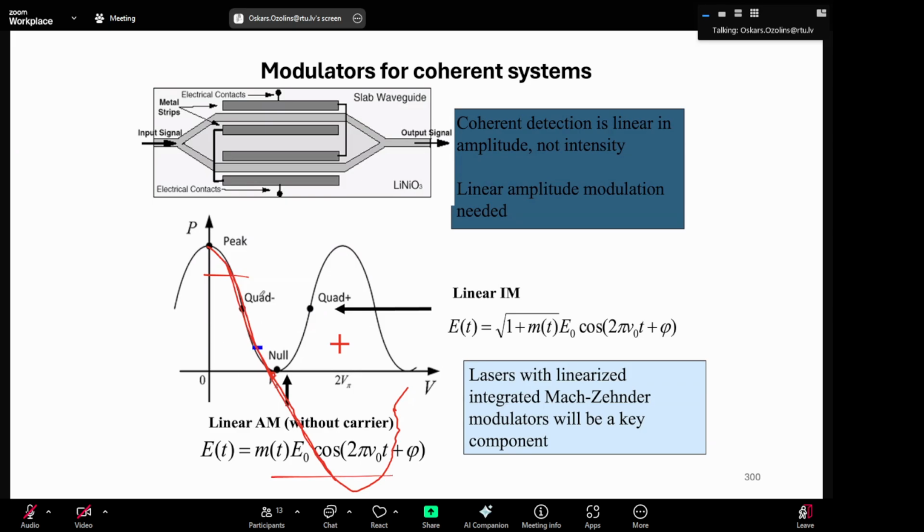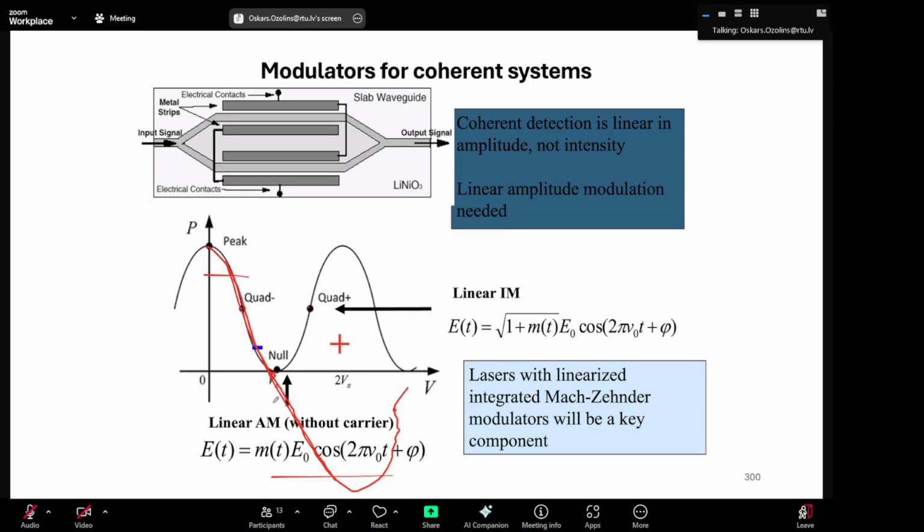If you look in power, then you bias at the zero point, and then you modulate between these two quadrature points. So then you don't get a linear modulation in power. That's important when you compare different modulation formats. It's important to understand whether you are looking at the power transfer function or at the amplitude transfer function.